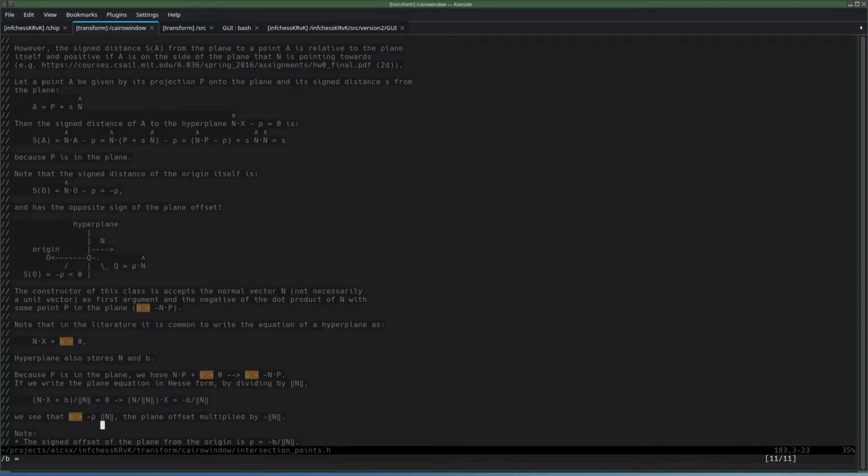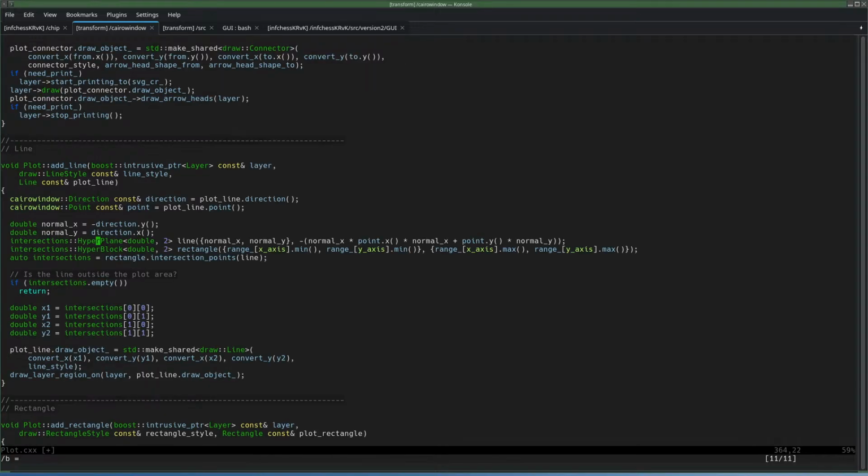Minus a row, that's not helping. Yeah, B, okay. I put normal up front, so it's minus the normal times the point. That's why I want to put it here up front as well. Pattern recognition, easier.